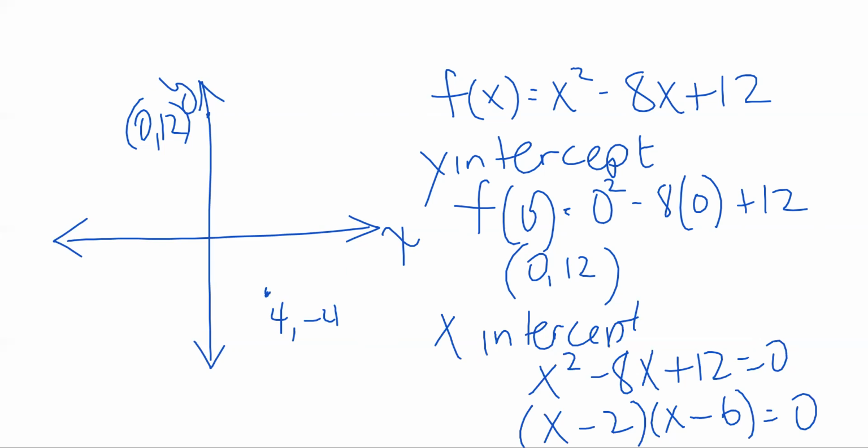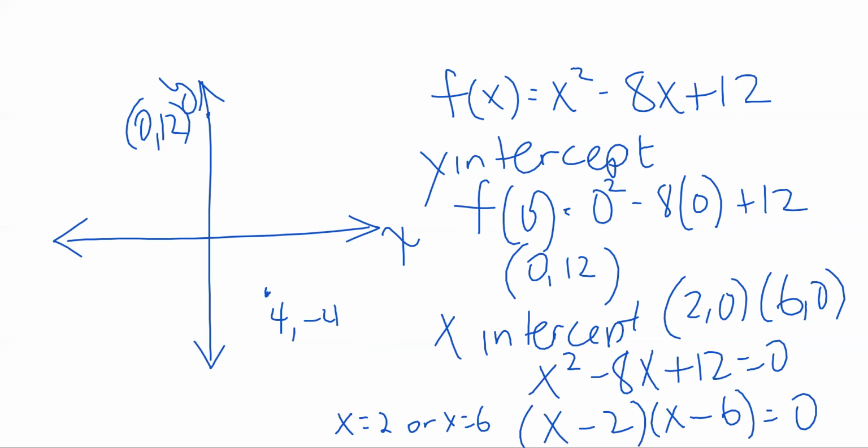So x equals 2 or x equals 6. Sorry, I'm running out of room. But you can also determine that there are two x-intercepts. I wouldn't advise you to find the x-intercept every time. There are situations where your quadratic isn't factorable and it might be impractical or unnecessary to find the x-intercept. But that's all you really need to know.